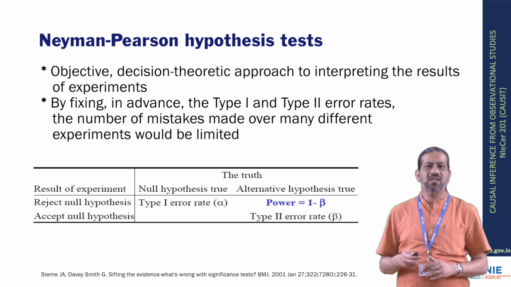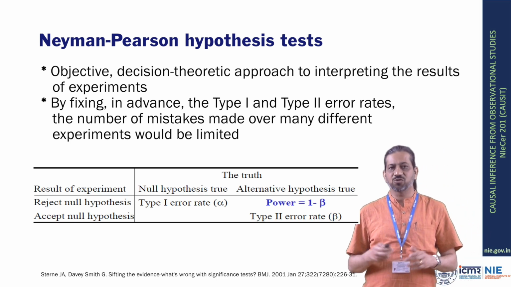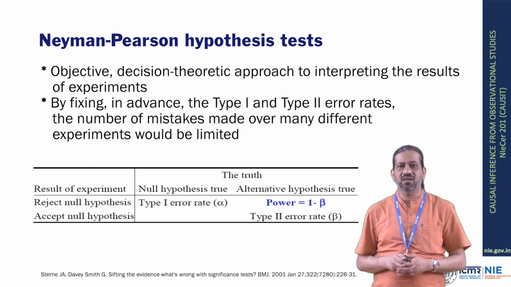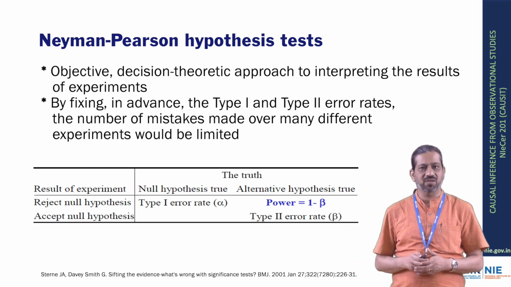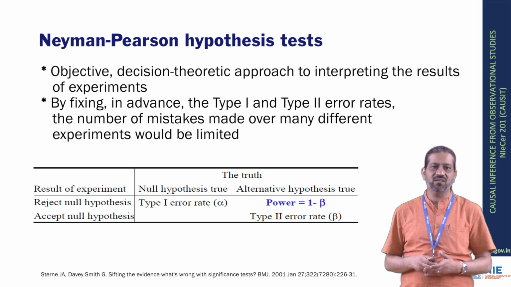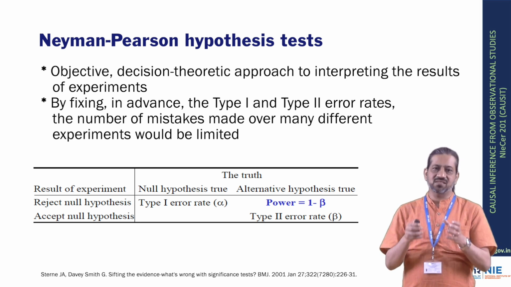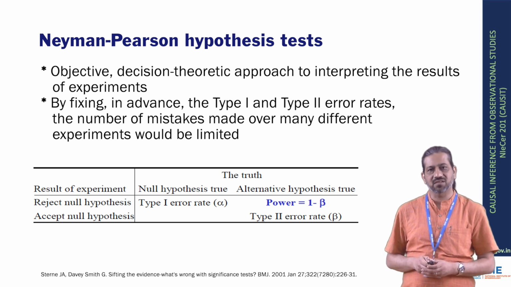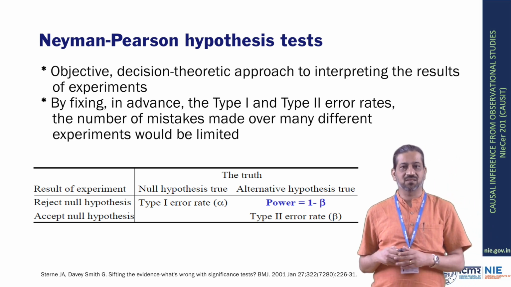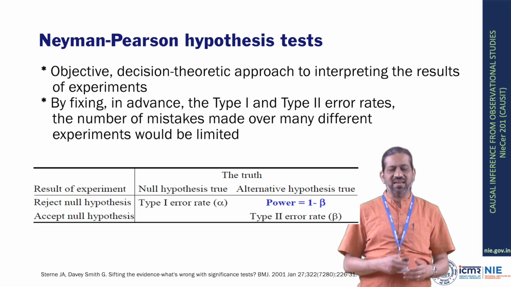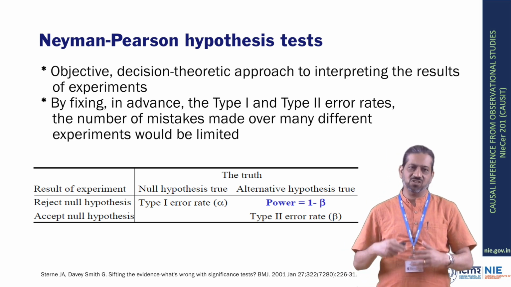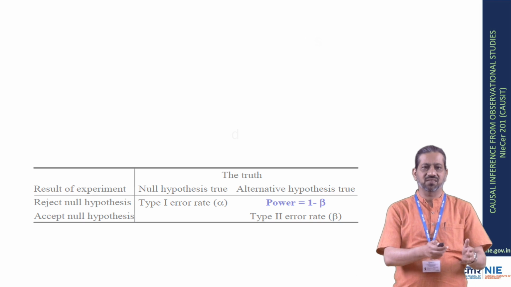In fact, Neyman and Pearson argued that there were two types of error that could be made in interpreting the results of any experiment, a type 1 error and a type 2 error. And in the Neyman-Pearson approach, we decide on a decision rule for interpreting the results of our studies in advance. And the result of our analysis is just a rejection or an acceptance of the null hypothesis.